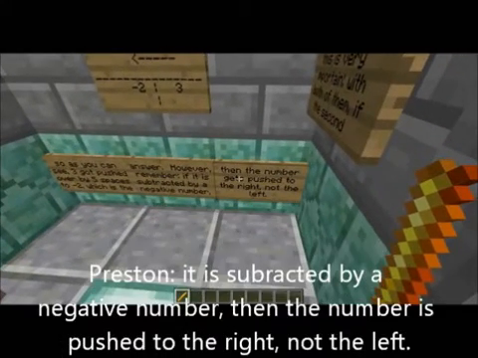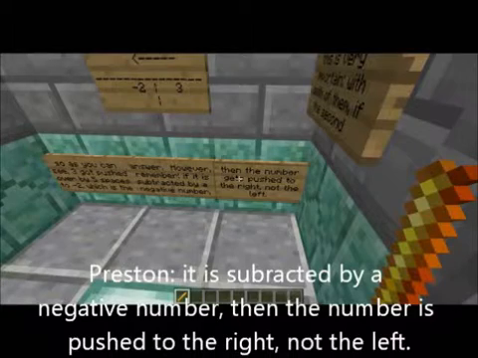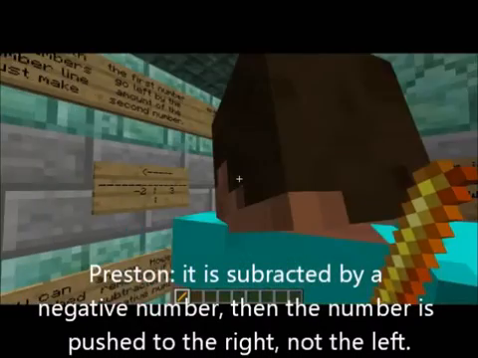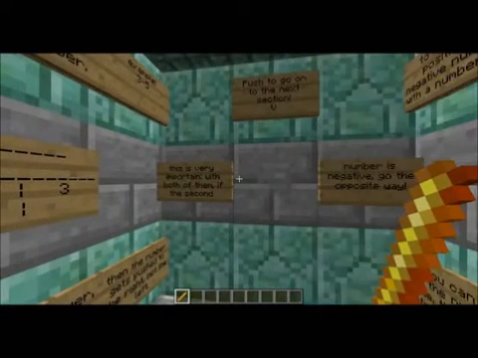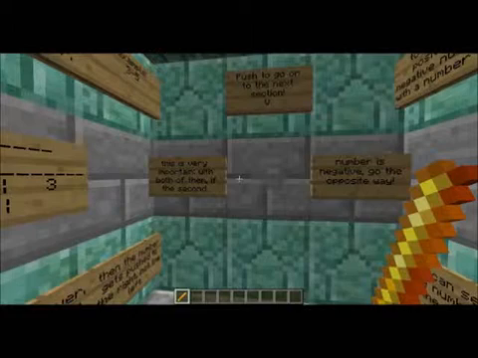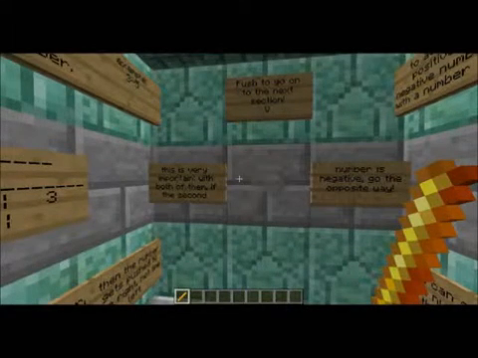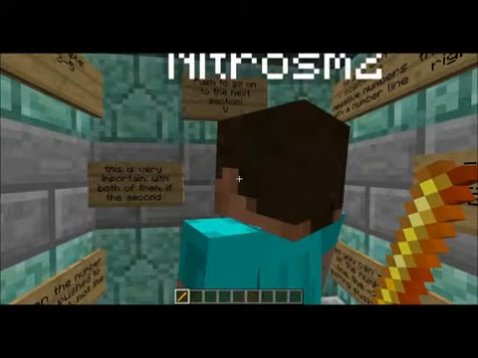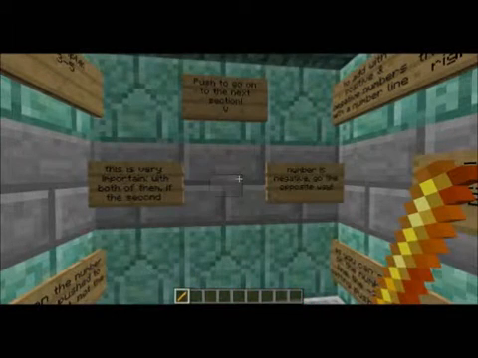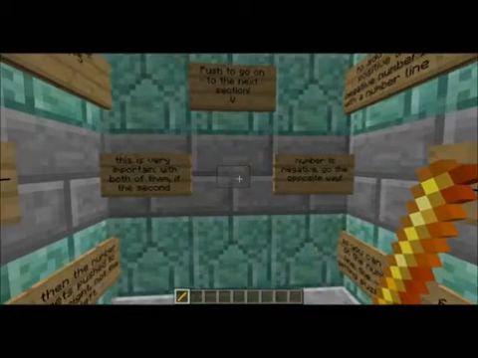Remember, if it is subtracted by a negative number, then the number gets pushed to the right, not the left. Okay, before we go to the next part of the lesson, another reminder, very important, with both of those processes, if it's a negative number, go the opposite way that we said. Okay, next part of the lesson.